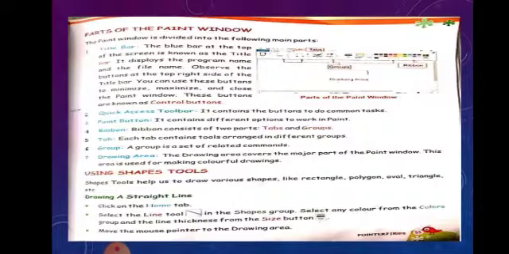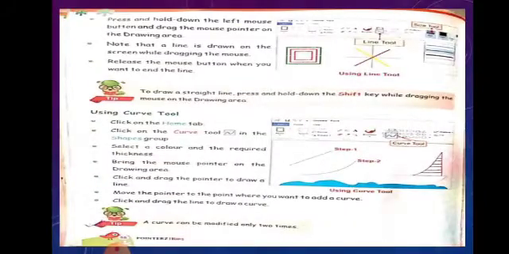Okay. Now, using shape tool. The shape tool helps in drawing shapes like triangle, oval, polygon, etc. Then, how to draw a line? Dear children, you have to click on Home tab and then select line tool option.